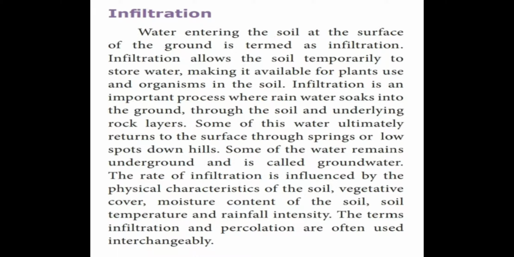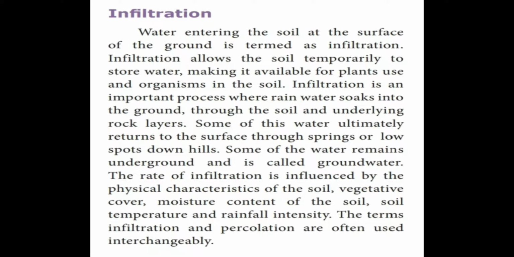Okay, when rainwater comes, what happened? It is falling on the surface of the land. After some time the land absorbs the water. So the water which is entering the surface of the ground is termed as what? Infiltration. Got it?